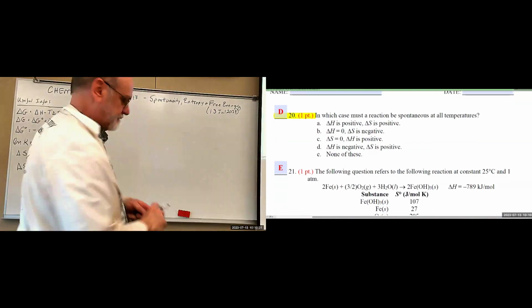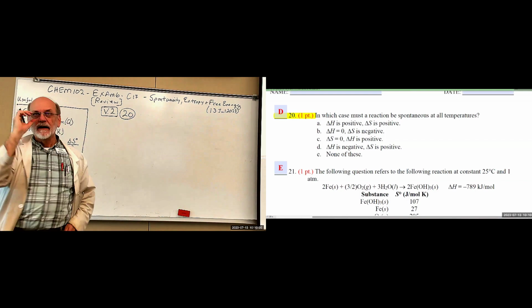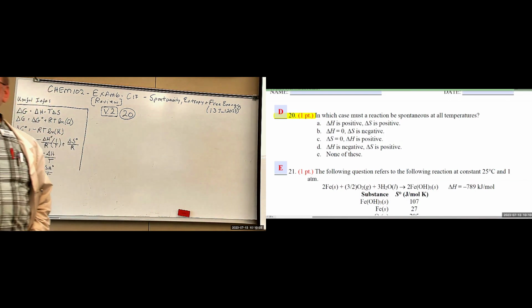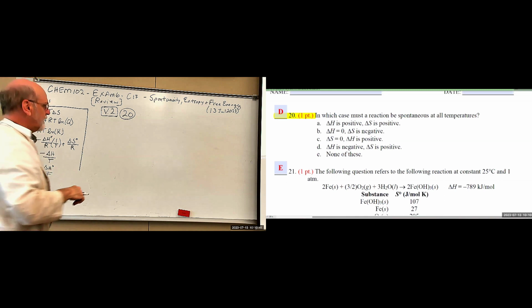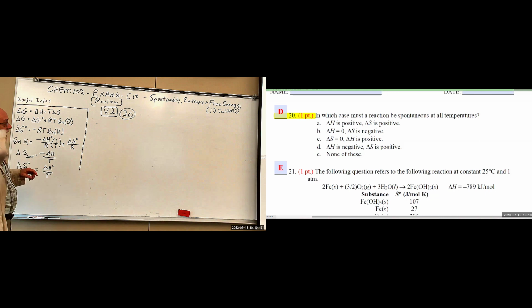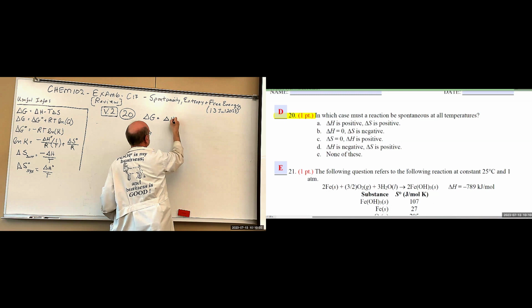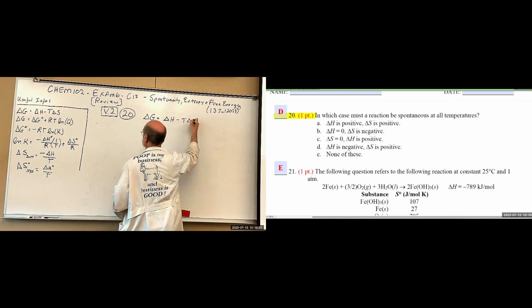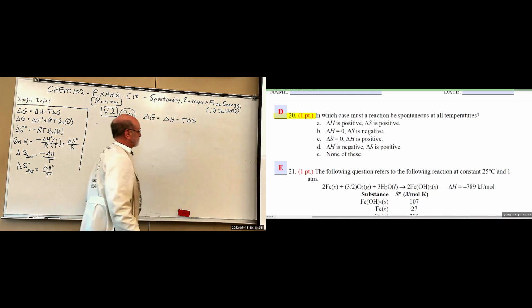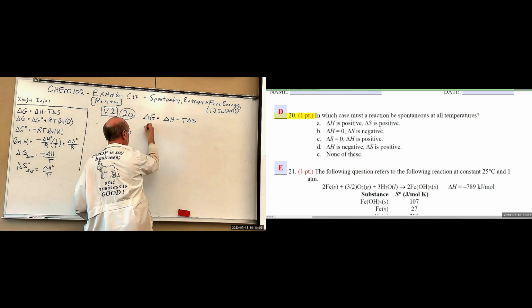Number 20. In which case must a reaction be spontaneous at all temperatures? Okay. We had a slide in our lecture on this one, and it used this formula right here. Delta G equals delta H minus T delta S. So if it's spontaneous at all temperatures, that means this has to be negative.